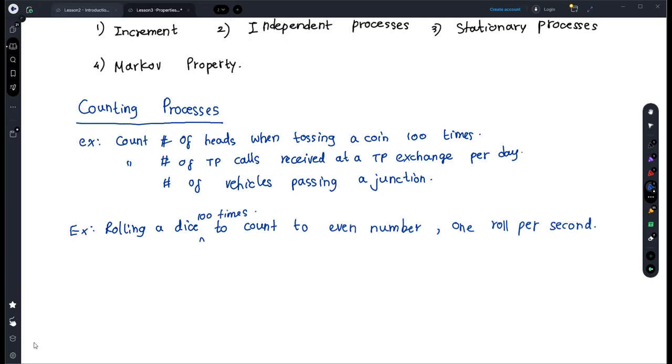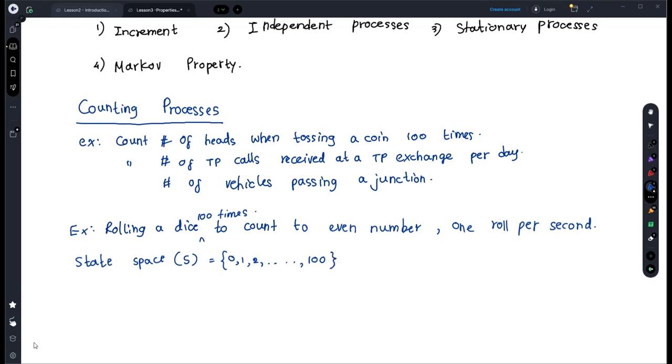Now tell me, what is the state space? The state space, right? You're counting even numbers. Maybe all 100 times you never get an even number, maybe 1, maybe 2. Maximum, you'll get all of them even numbers.